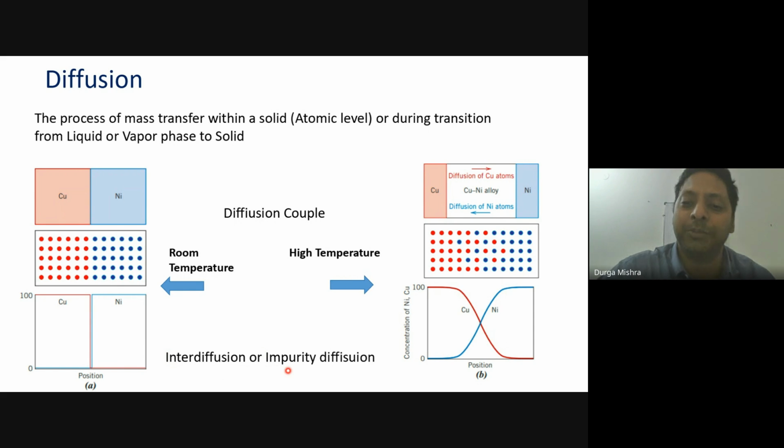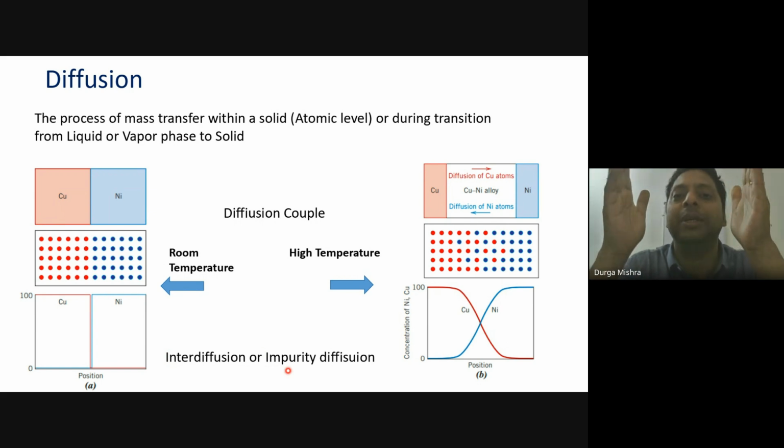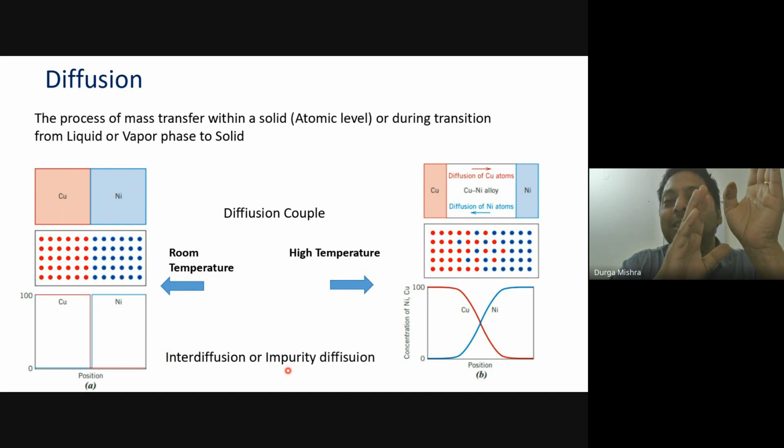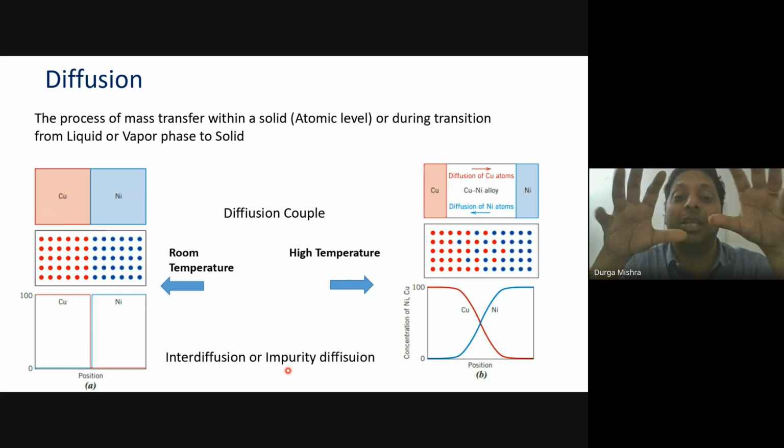There is also something known as self diffusion. Self diffusion means if I have taken only one kind of molecule or atom, there will be diffusion of that atom. But why will it happen? It will happen if there is a difference in the composition. We'll discuss that maybe later on. This composition is an interesting aspect, but self diffusion can also happen.